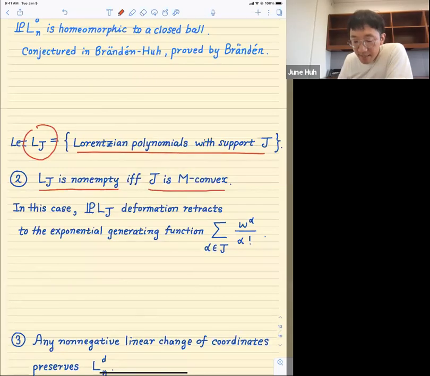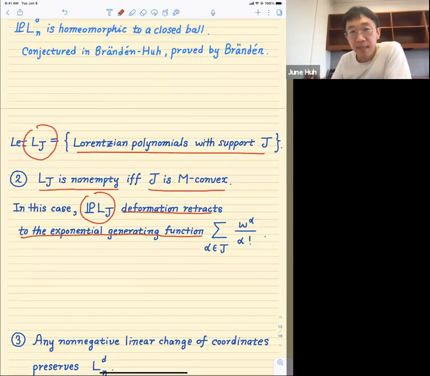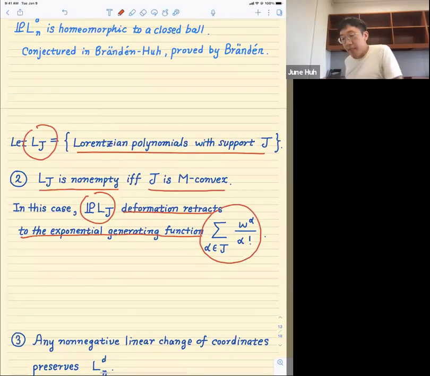And in this case, its image in projective space deformation retracts to a distinguished point, which must be, of course, the generating function for j. So you sum over all points in j and put all the coefficients equal to 1. And that is Lorentzian exactly when j is M-convex.